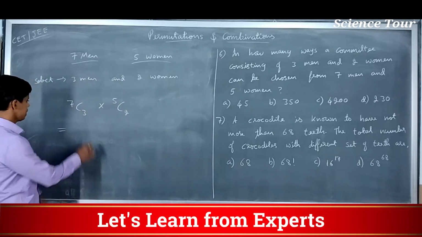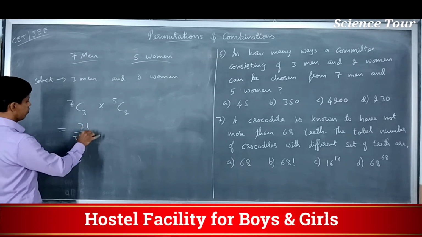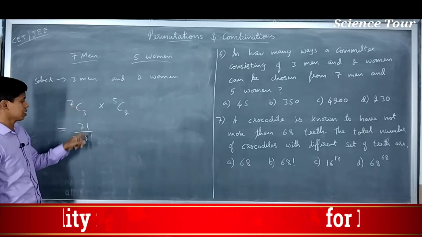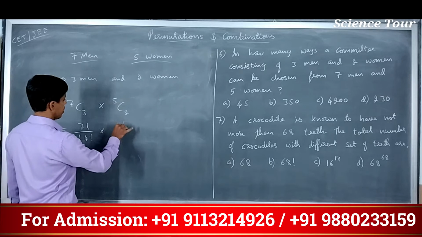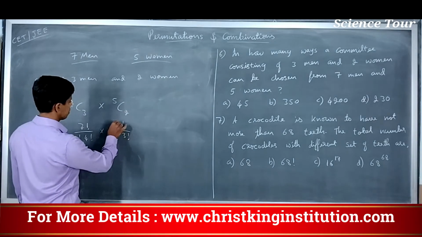7 C3 is 7 factorial divided by 3 factorial, r factorial, and n minus r, 7 minus 3 is 4 factorial, into 5 C2, 5 factorial divided by 2 factorial, 5 minus 2 is 3 factorial.